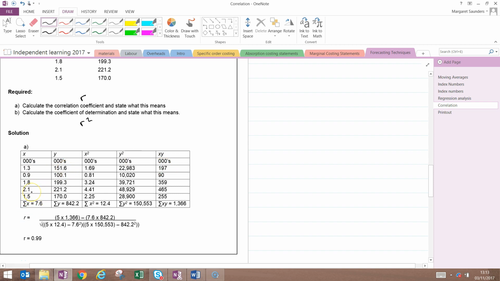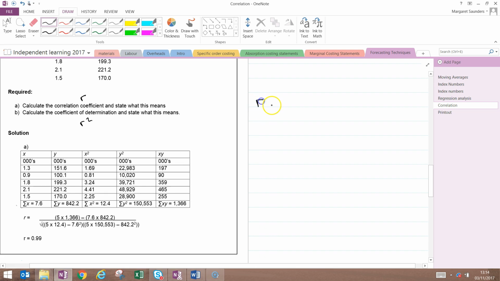We then total all of those columns: sigma x, sigma y, sigma x squared, sigma y squared, and sigma xy. Remember, sigma meaning total. We can now slot those into our correlation calculation.